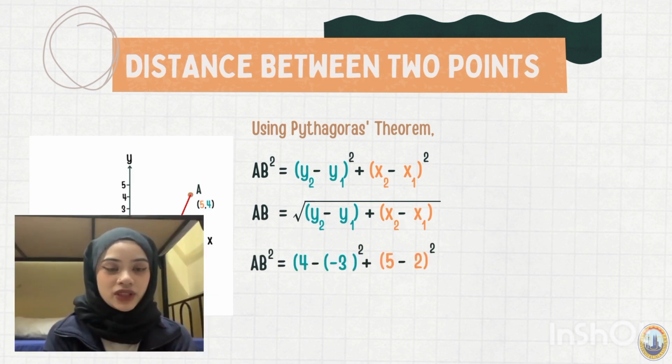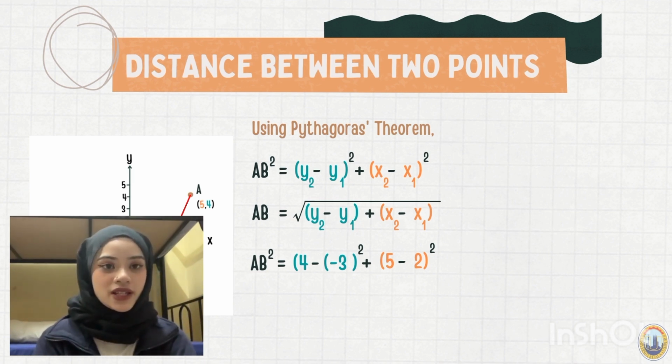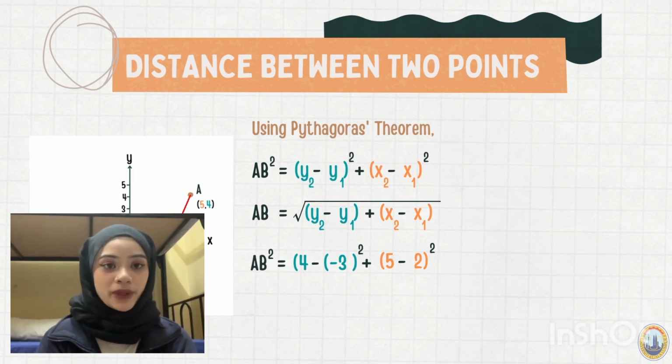Let's substitute the coordinates inside the formula. AB squared is equal to (4 minus -3) squared plus (5 minus 2) squared.